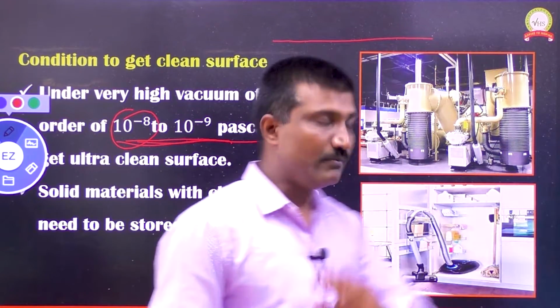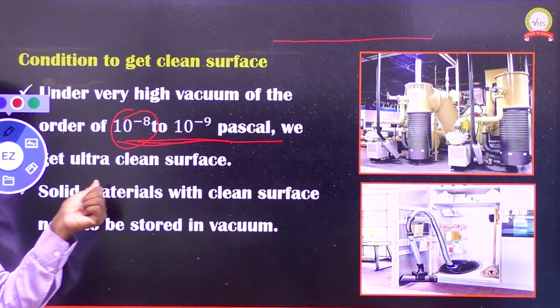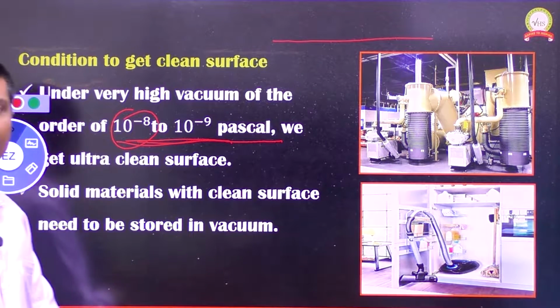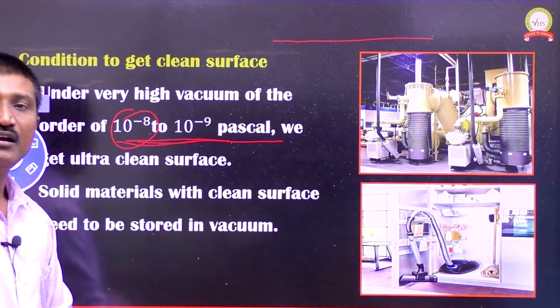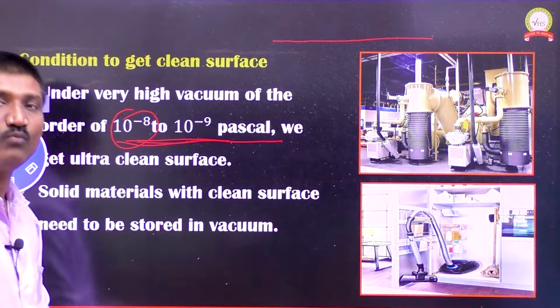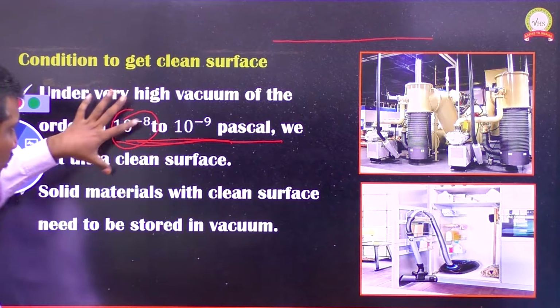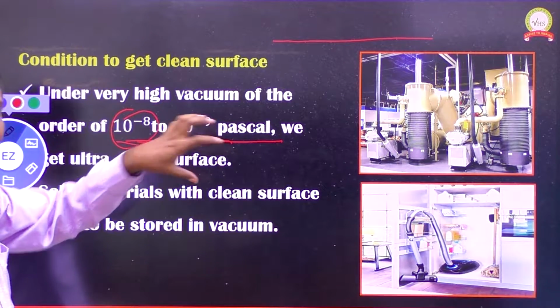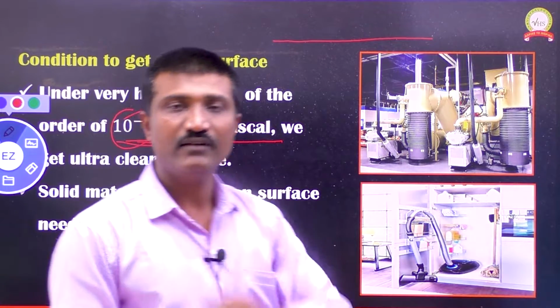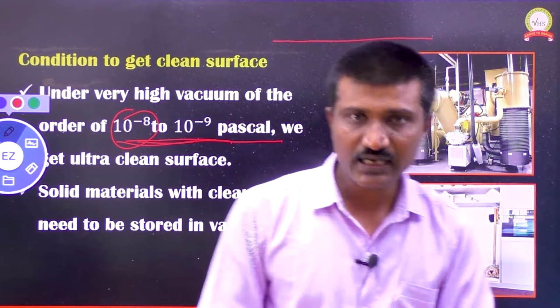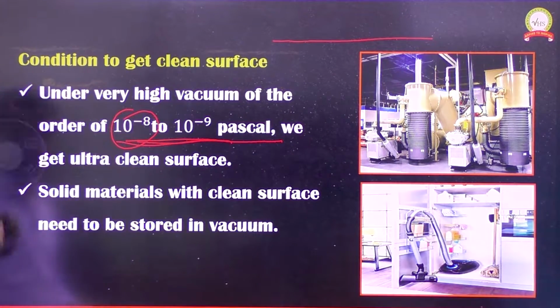That is the main concept: to provide free surface area to participate in a chemical reaction by that surface substance. So how do we provide that free surface? By putting that substance in a vacuum. Clear?